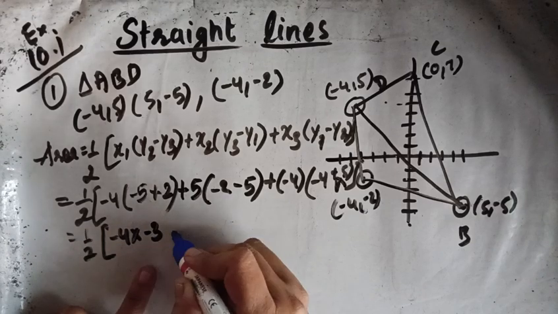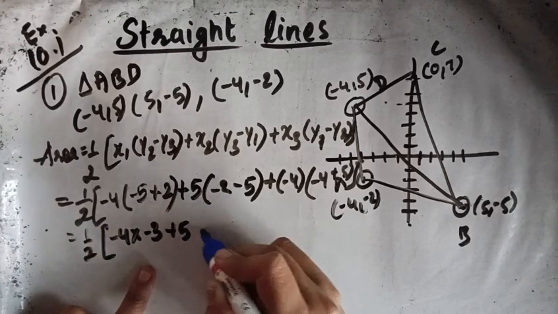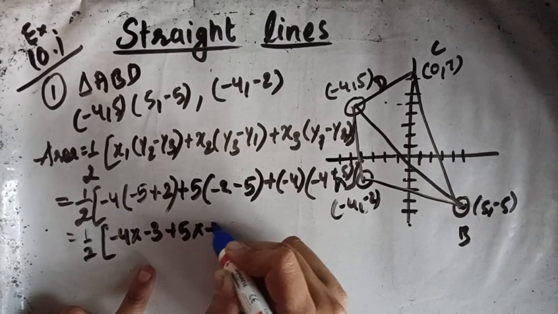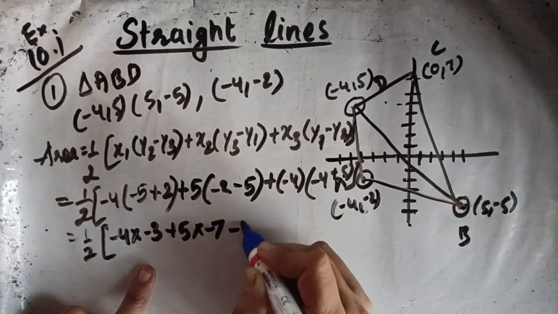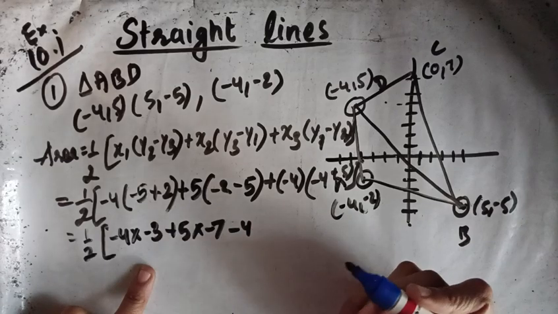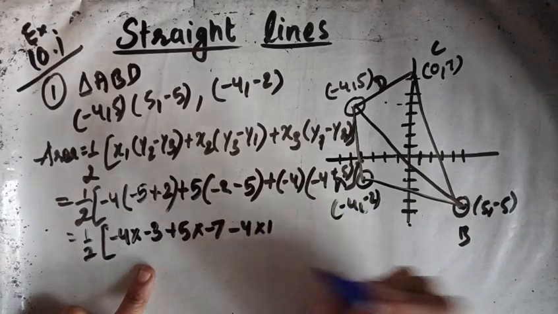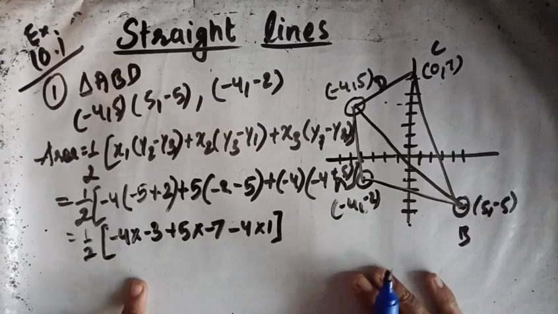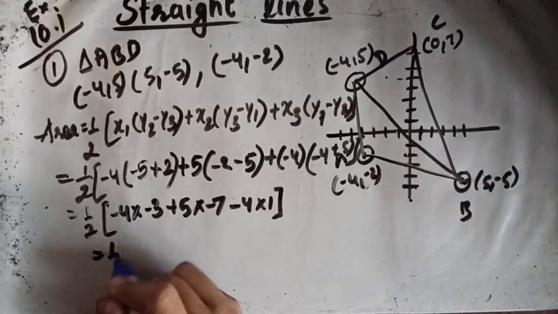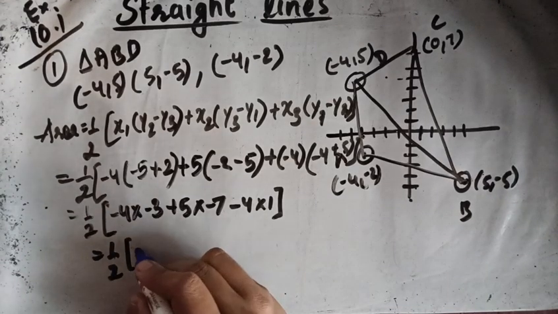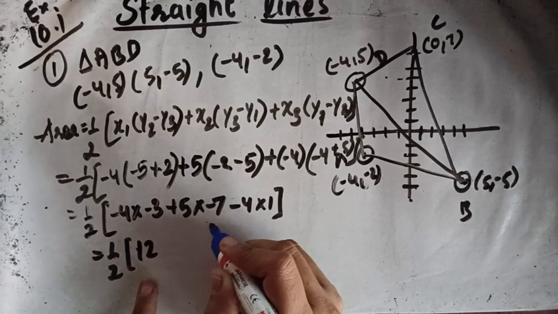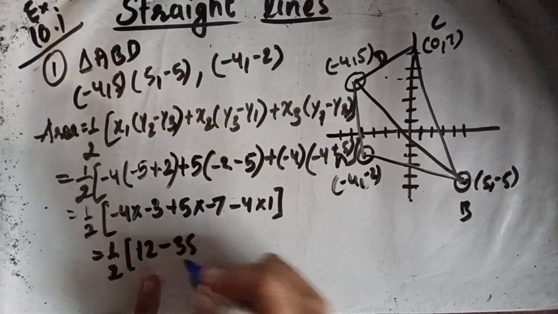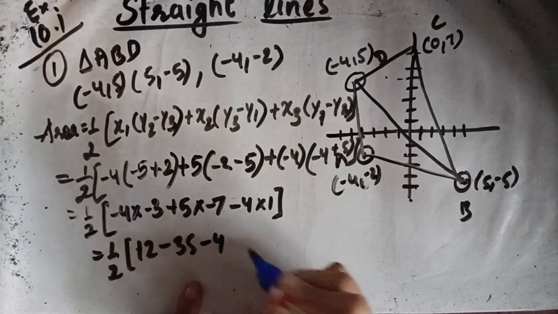So minus 3, minus 7, 4 into 1. 12, 35, 4.